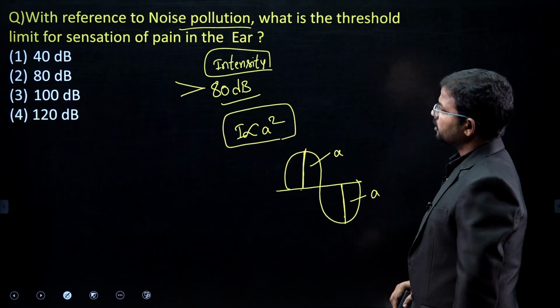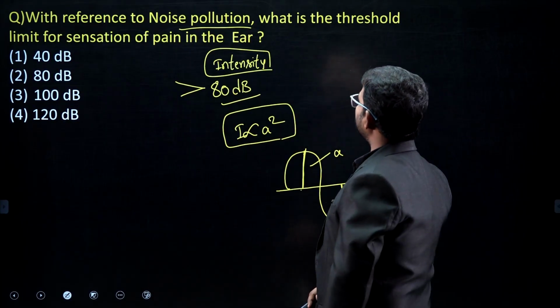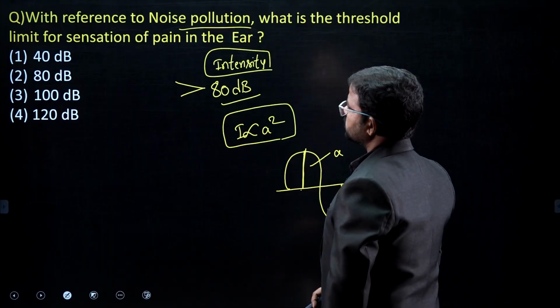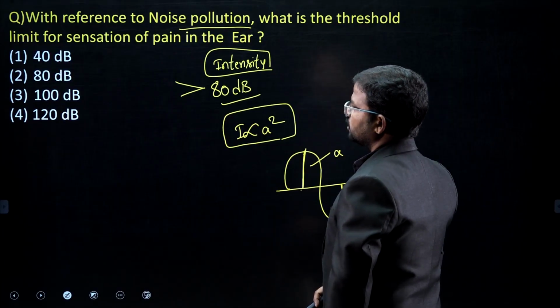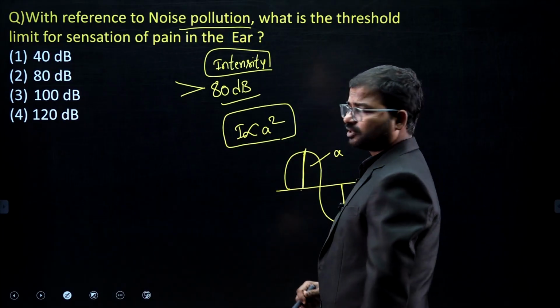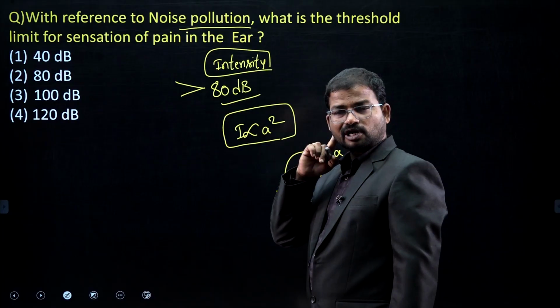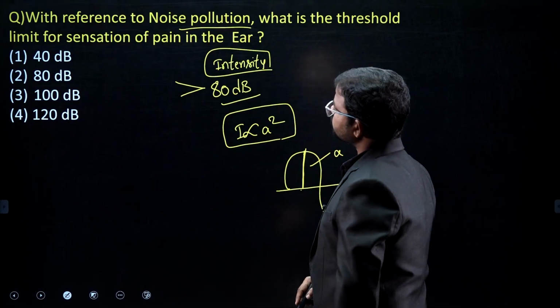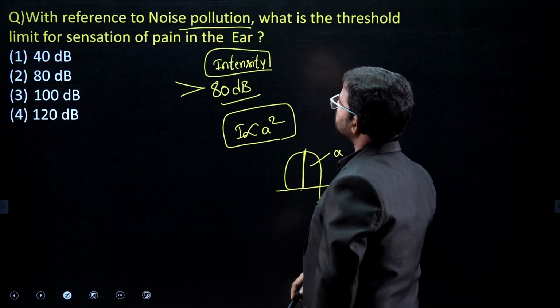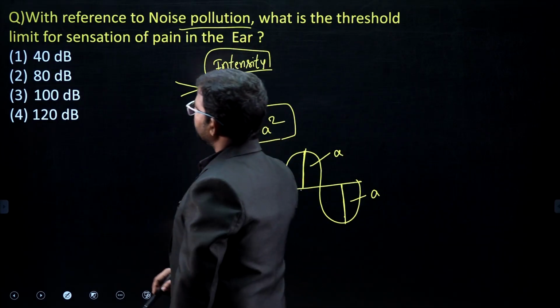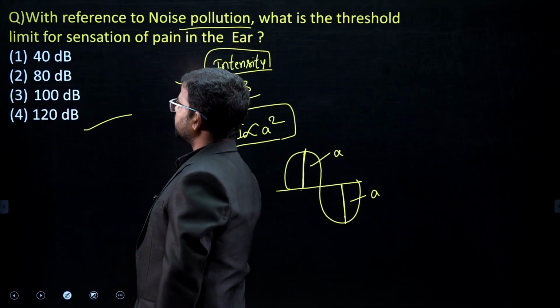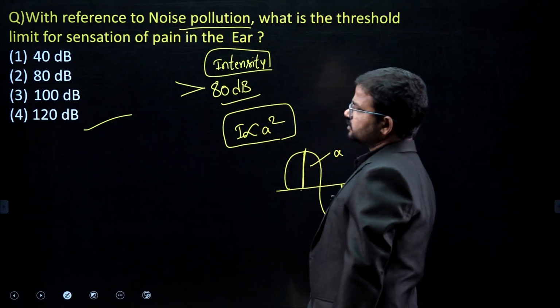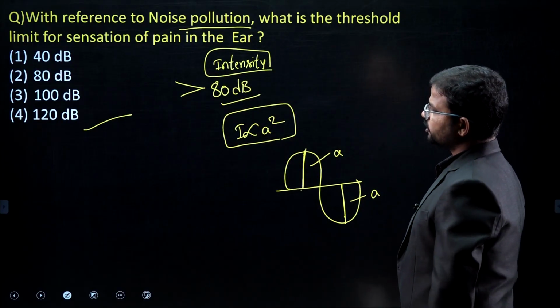So with reference to noise pollution, what is the threshold limit for sensation of pain in the ear? Of course, our ear can hold up to 120 decibels. So that's why here, guys, 80 decibels, 120 decibels, both are there.